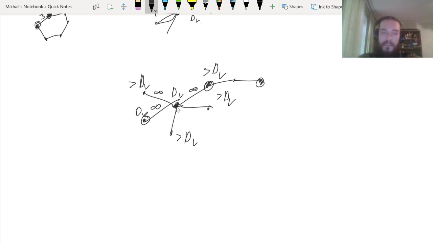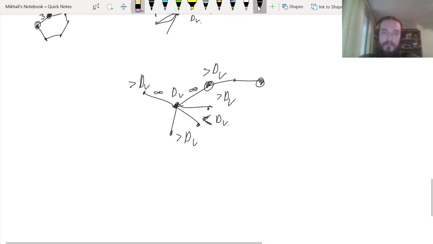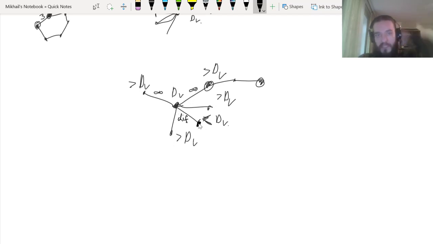The other case is if there is a guy that's less than dv. What we can try and do then is have this colored the same, and here we can put the difference between the distances of this vertex and this du, for example.